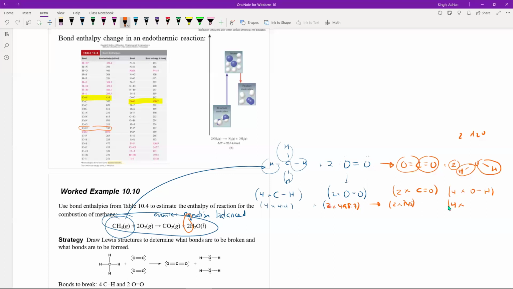So I look up the O-H bond. The O-H is over here at the top, so that's 460 kilojoules per mole. All I'm doing then is adding these up on the reactant side and the product side.